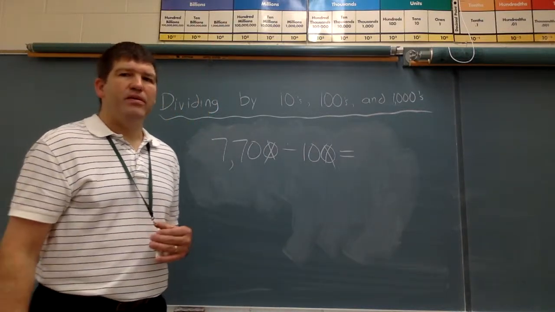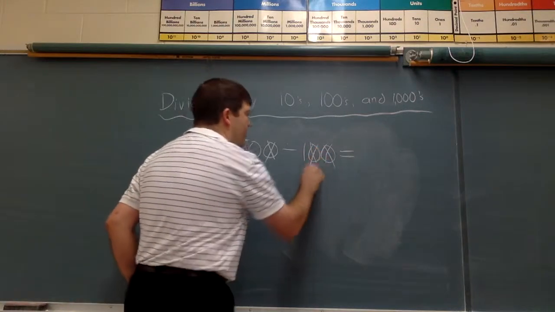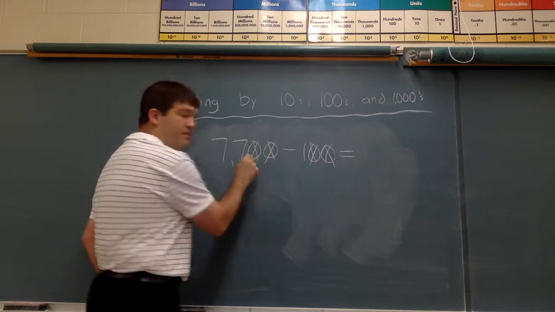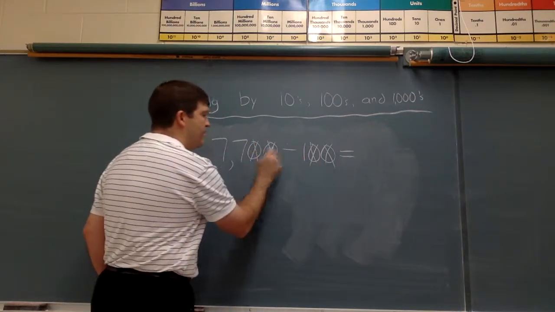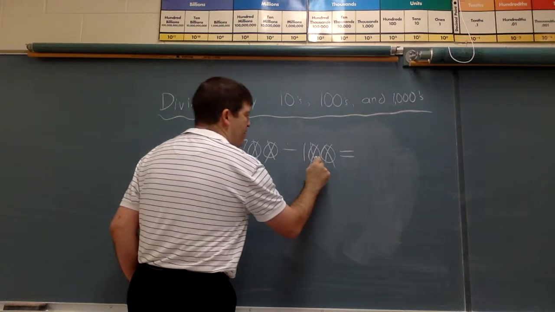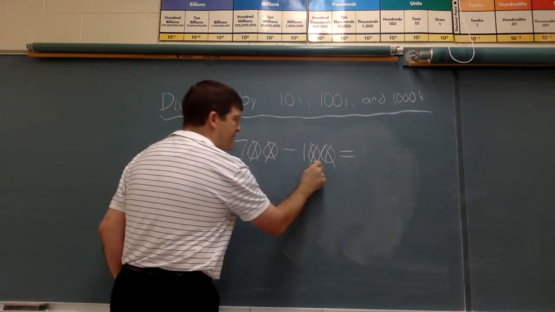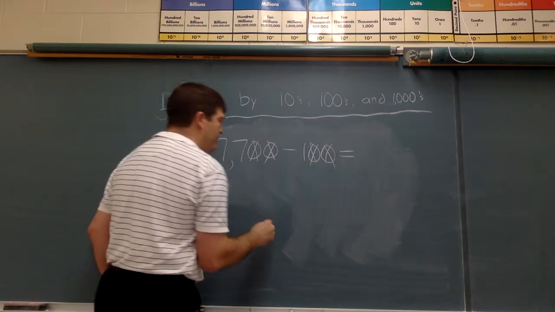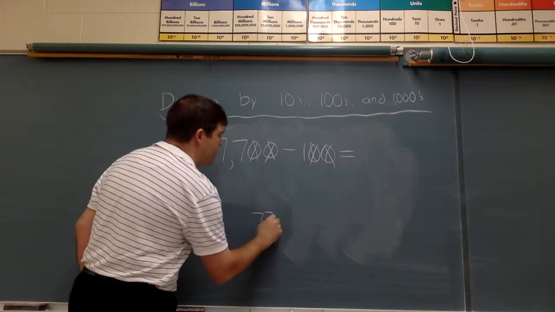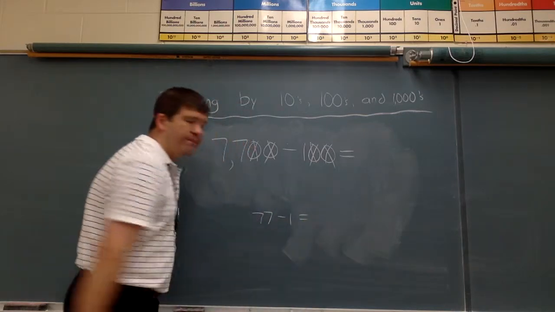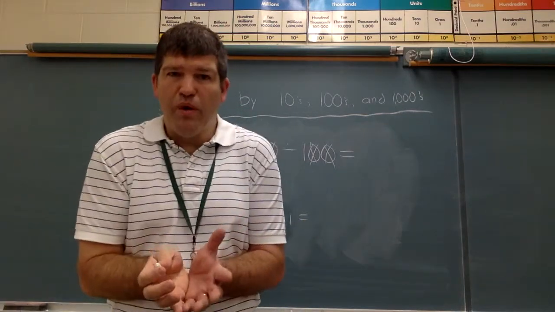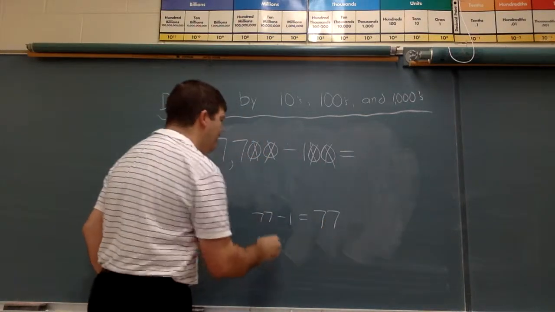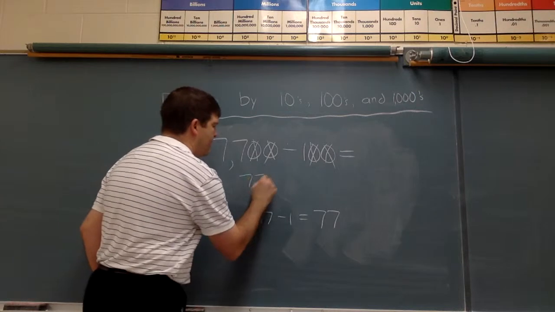Now, I see one also in the 10's place value, and this has a 0 too. So if there's a 0 in both of these, I'm getting rid of my 10 0. Okay? So now I'm down to 77 divided by 1. I take 77 items, divide them one way, I'm left with 77. Okay? So let me rewrite this.